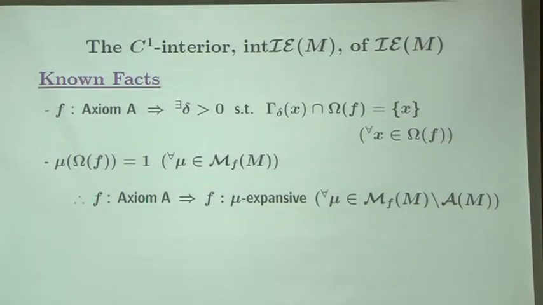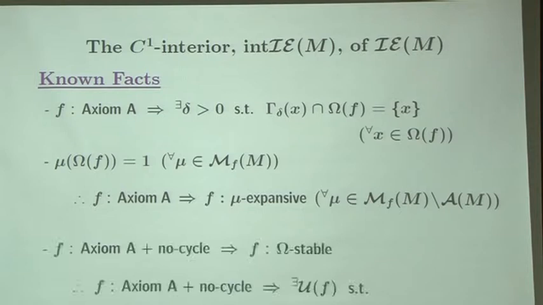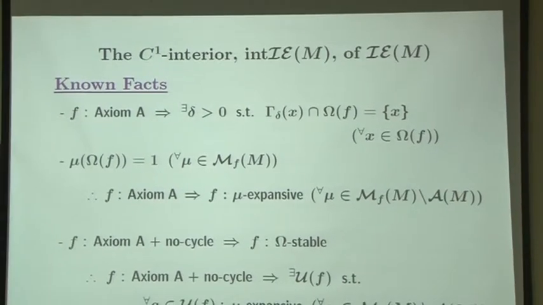Axiom A therefore implies F is expansive for any invariant measure that is not atomic. And also, if we assume the additional no-cycle condition, then F is omega stable, so any nearby system will also be expansive.